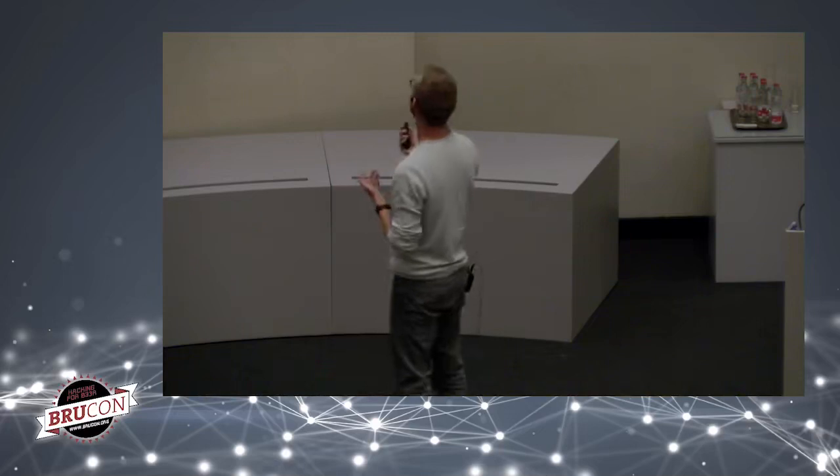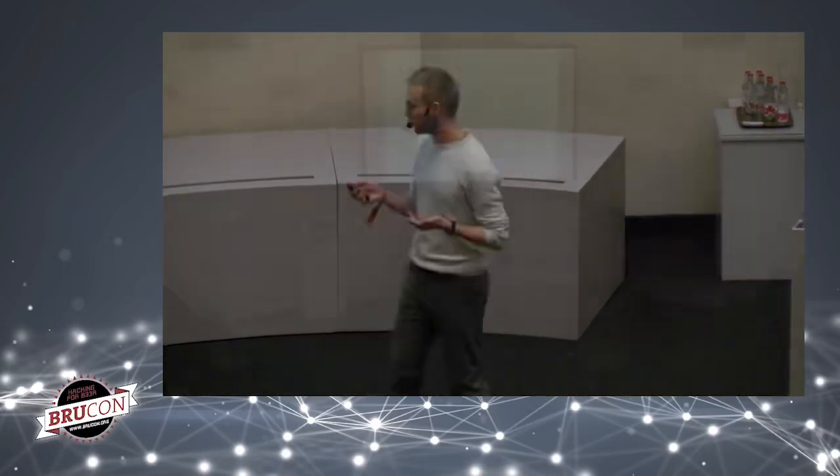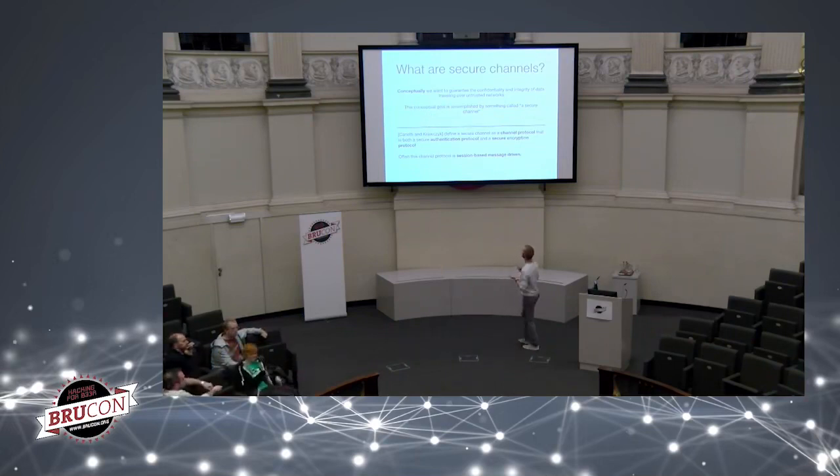That's one. We want to make sure that the data that we are sending over this link has not been modified, which we're going to denote by this integrity notion. And we're going to assume that the network that we're going to use to send over this data is untrusted.